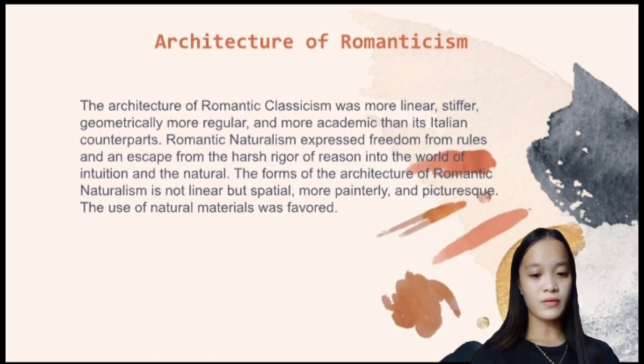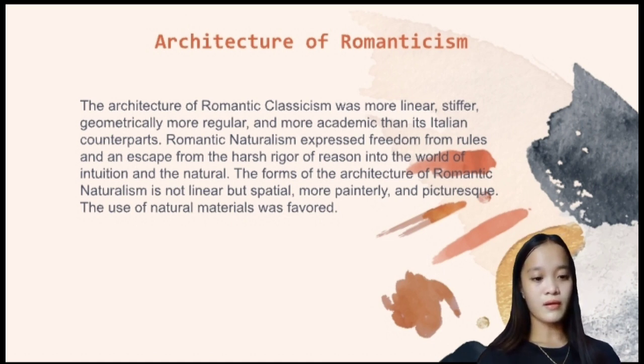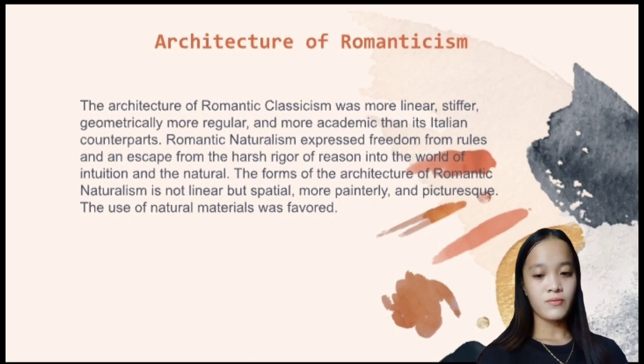The forms of the architecture of romantic naturalism are not linear but spatial, more painterly and picturesque. The use of natural materials was favored. The architecture of Romanticism remained essentially lifeless. The indiscriminate use of forms from the past without concern for function and technique made these forms devoid of meaning.